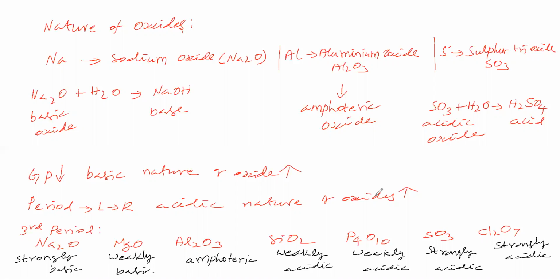Next we will take the first group, that is the alkali metals. In the alkali metals, lithium, next sodium, potassium, rubidium, cesium, francium.